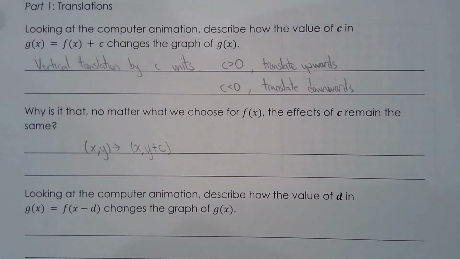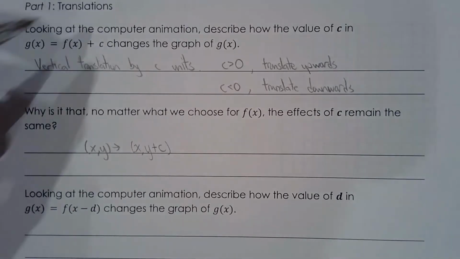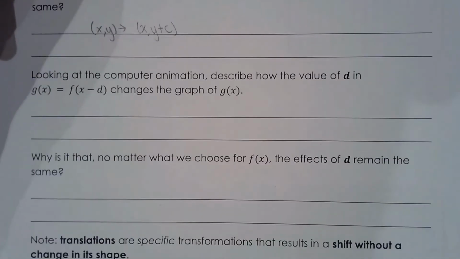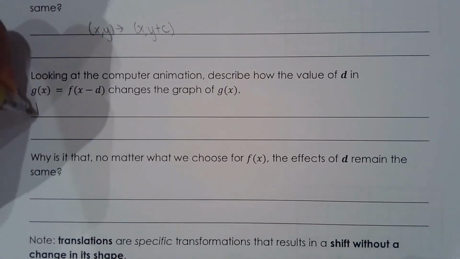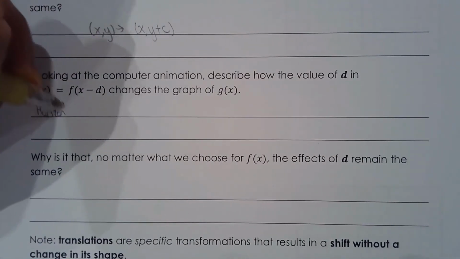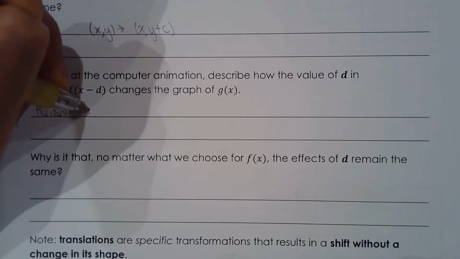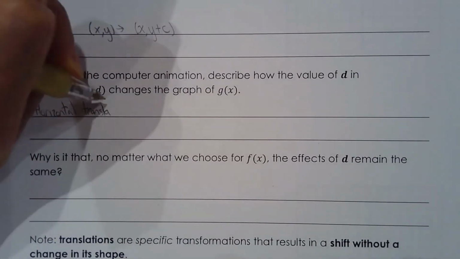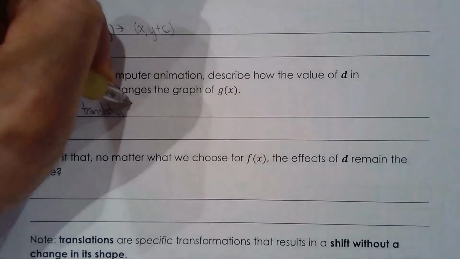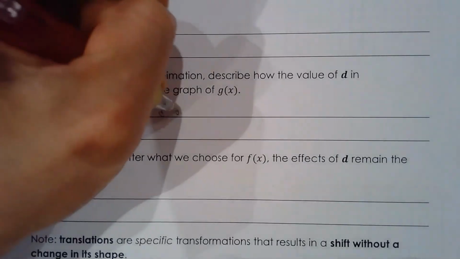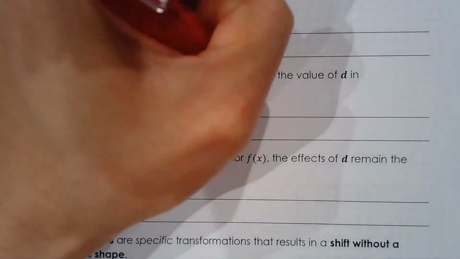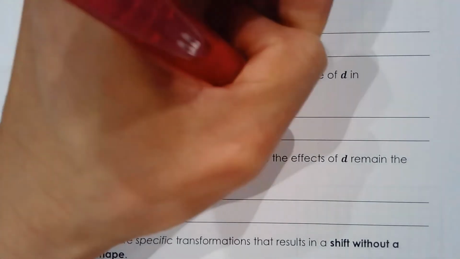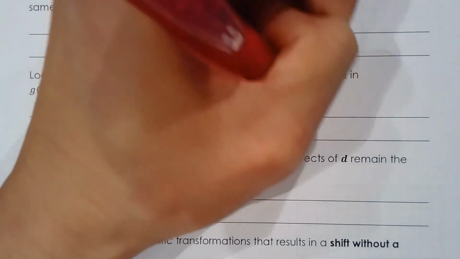Using this logic, you can explain the same thing with horizontal translation. It's a horizontal translation by d units. If d is greater than 0, you translate right. If d is less than 0, you translate left.